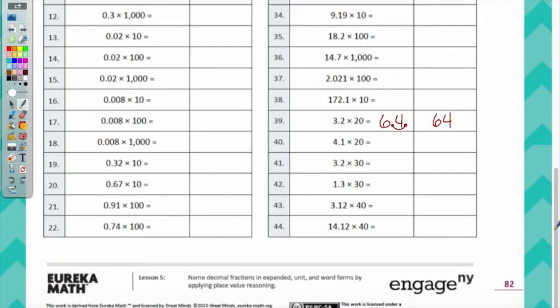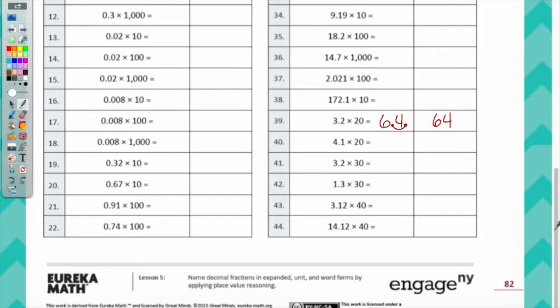So 49.01. 1,607, 91 9/10, 1,820, 14,700, 202 1/10, 1,721, and 64. Okay, let's start on 40.